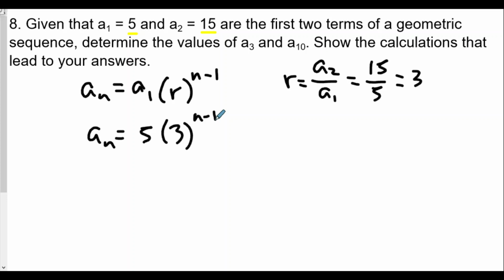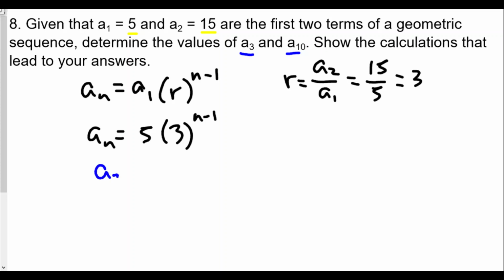Now, it's not the simplified general form, because at that point we would probably get some fraction. But in this case, we want to find the third term and the 10th term. We can just plug in n equals 3 and n equals 10 using this, and that'll be totally good.